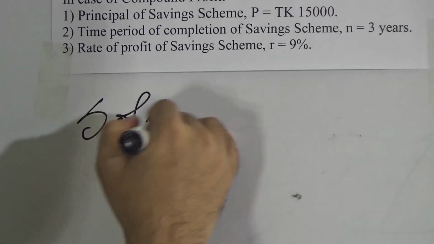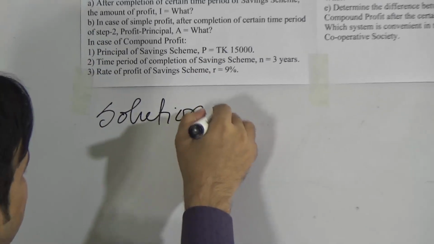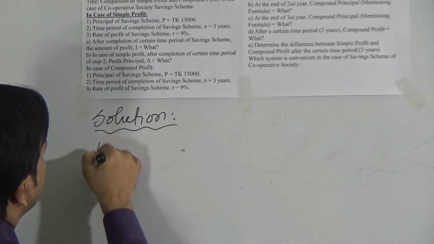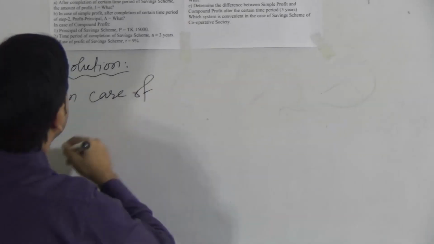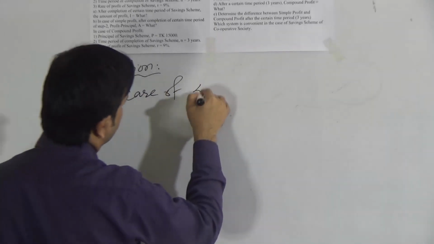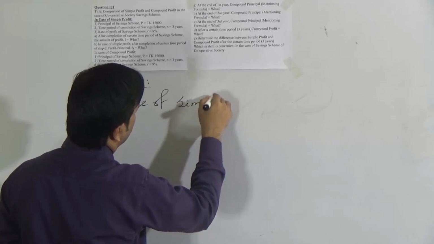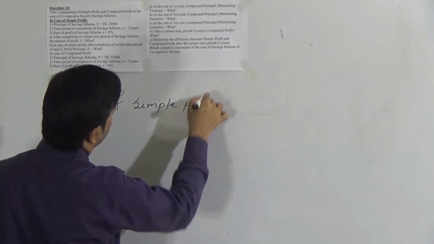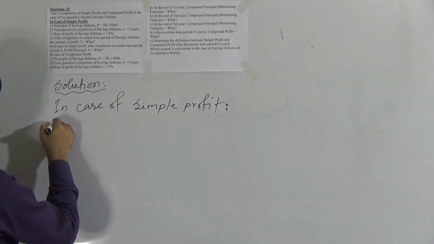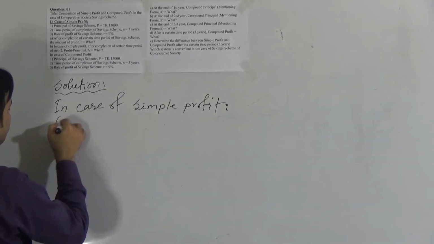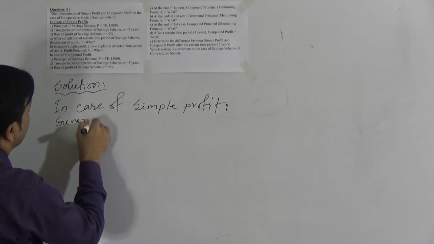Solution. In case of simple profit, at first I will write the given information. So I will write given. What is given here?